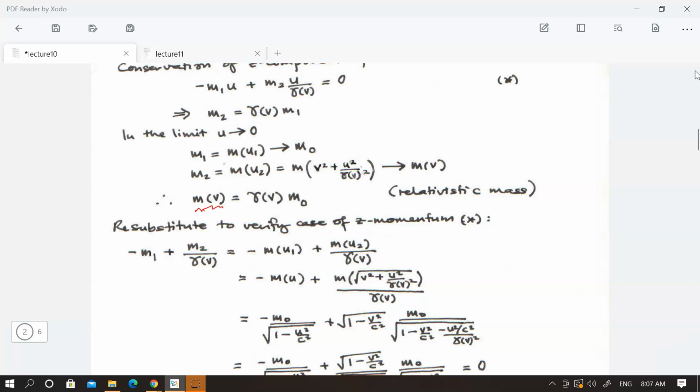So this is mass as a function of speed, really, not velocity, where the speed is essentially the speed of the frame, or could even be the speed of the particle itself, if you consider the proper frame. Let me just check.